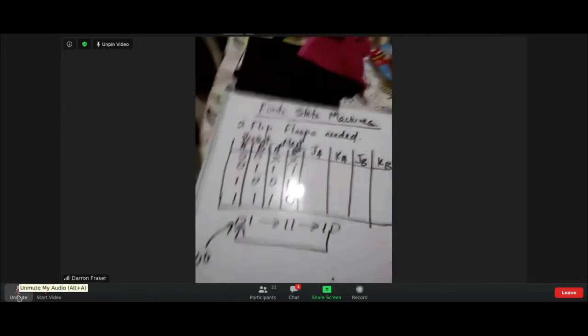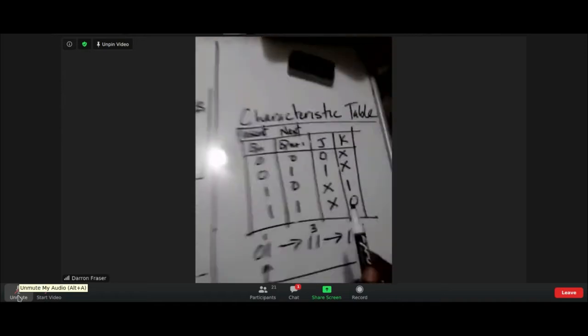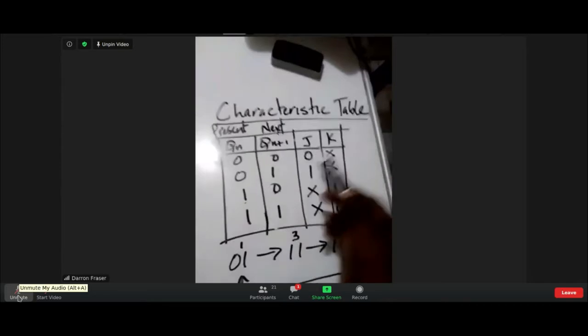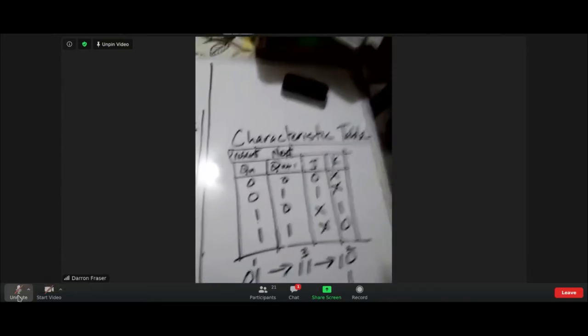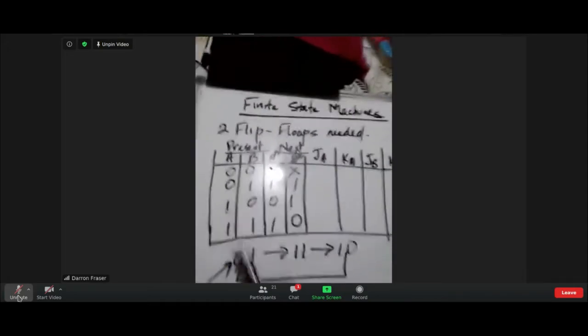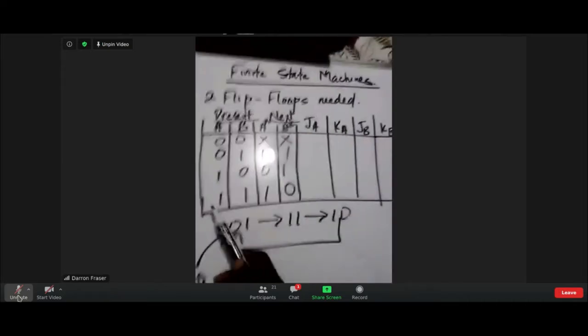All right. So now, in conjunction with our characteristic table, if I'm presently at 0 and going to 0, J and K are these values, and so forth. What I'm going to do now is start again at the bottom.